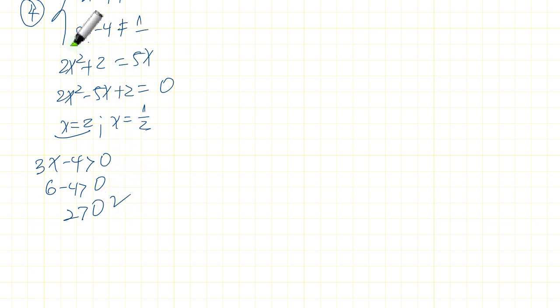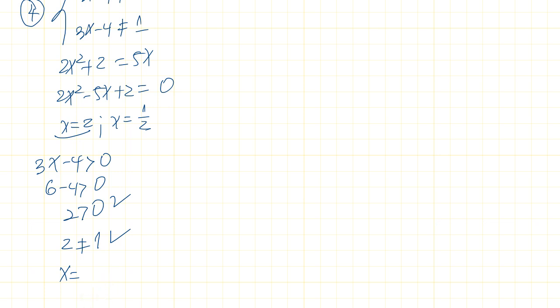Okay, let's check here as well. We're going to have the same thing, right? Replacing 2 here, we're going to have 2 different from 1, and it's okay. If this works, it means that x equals 2 is going to work, right?